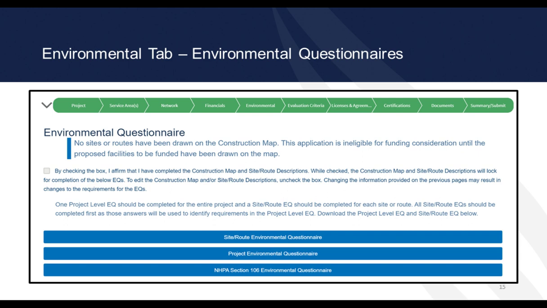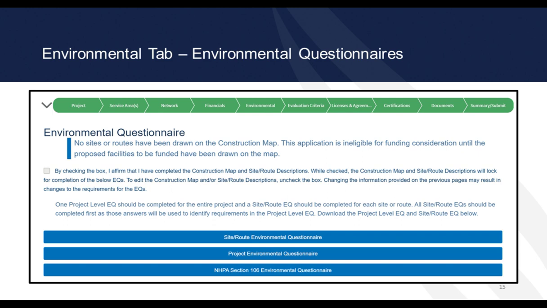Site and route questionnaires is the first type, a project questionnaire is the second, and the last is an NHPA Section 106 project questionnaire. As a reminder, don't begin your EQs until you've completed the prior environmental sections, because the construction map and the site and route descriptions inform what types of questionnaires are required for the application.